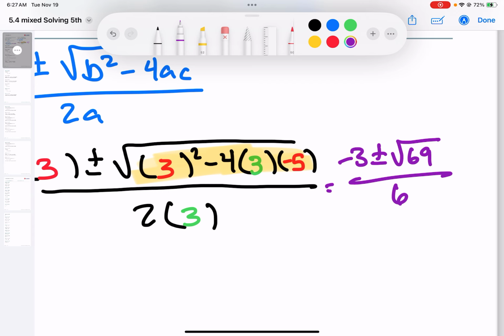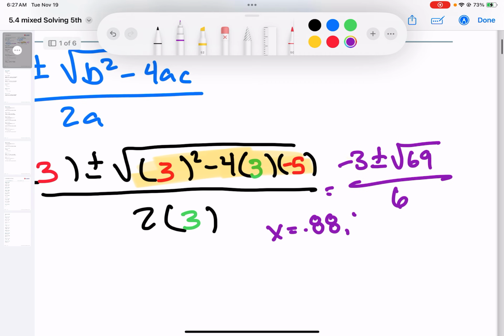I'm going to click enter, and then divide by 6. It's going to give me x equals 0.88. And I'm going to have one more where it's a minus. I'm going to go negative 3, and then minus the square root of 69. Click enter, divide by 6. It's going to give me a negative 1.88.